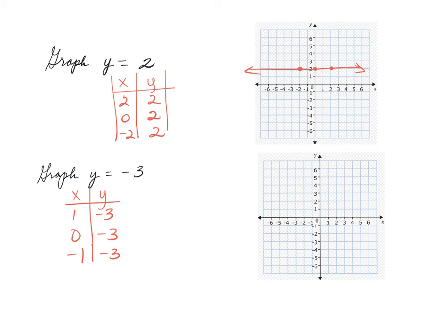So (1, negative 3), (0, negative 3), (negative 1, negative 3) makes a horizontal line going through the point where y equals negative 3. You will eventually recognize the graph. So whenever y equals a constant, any number, you have yourself a horizontal line.